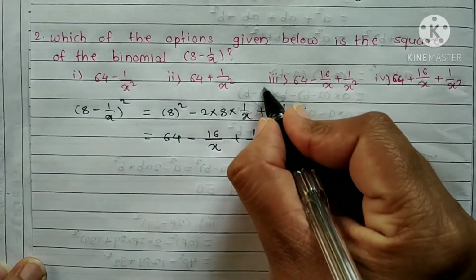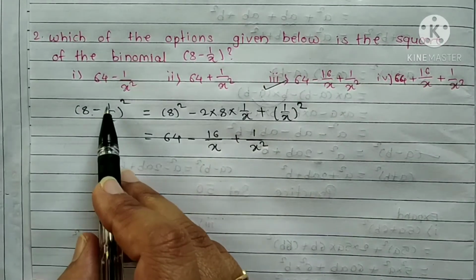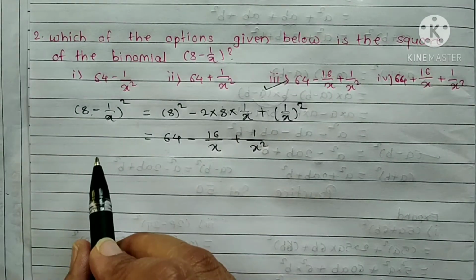See, the third option is correct. This is the expansion of (8 minus 1 upon x) whole square.